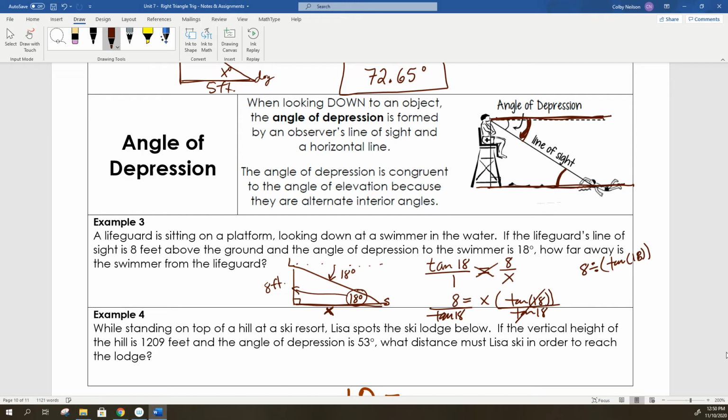And we should get, so test your calculator. I'm going to write it over here to the left. 24.62 feet. Make sure you're getting that answer. After I type this in my calculator, I get the 24.62.